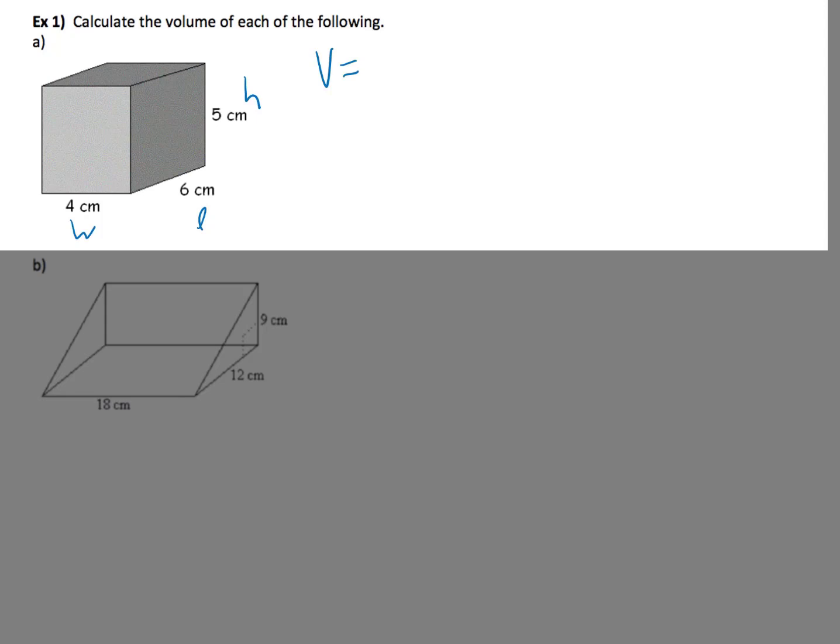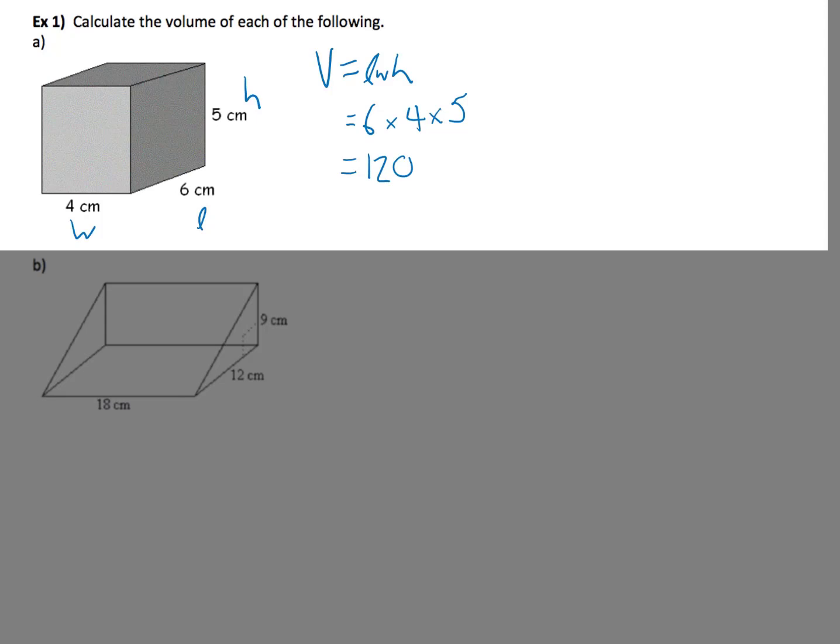And because this is a rectangular base prism, it's going to be V equals L W H. So now we just sub in the L, the W, and the H. L is 6, W is 4, and the H is 5. You can plug this into your calculator, and you should get 120.